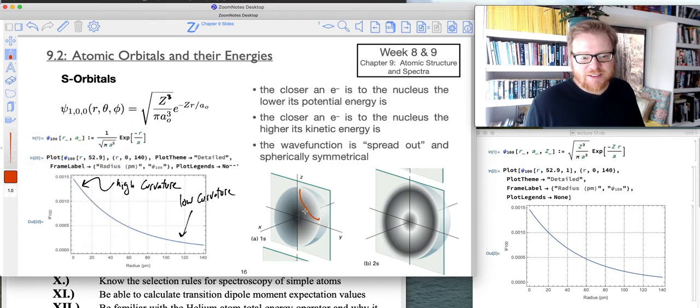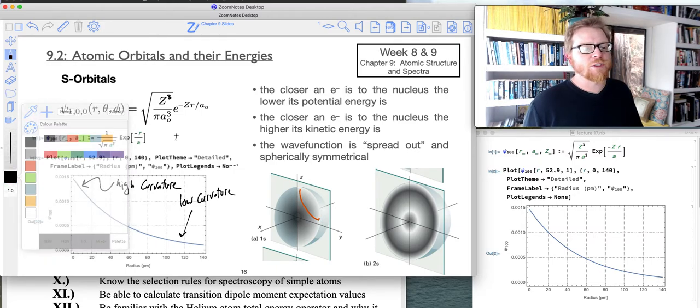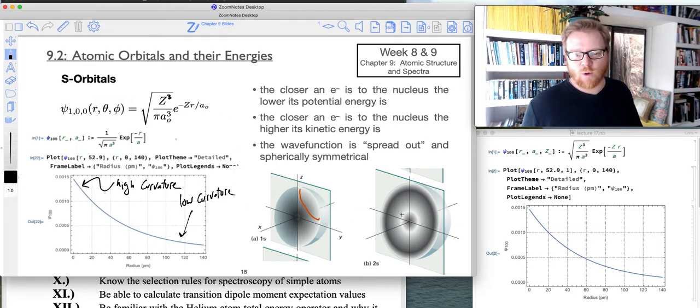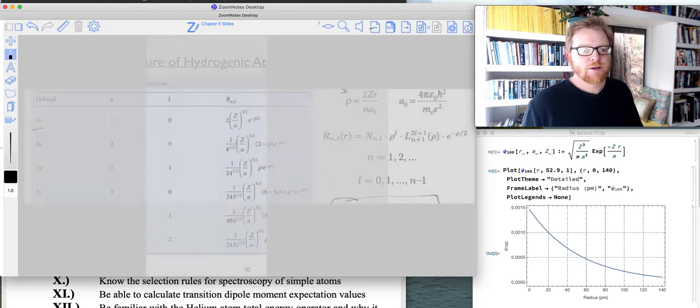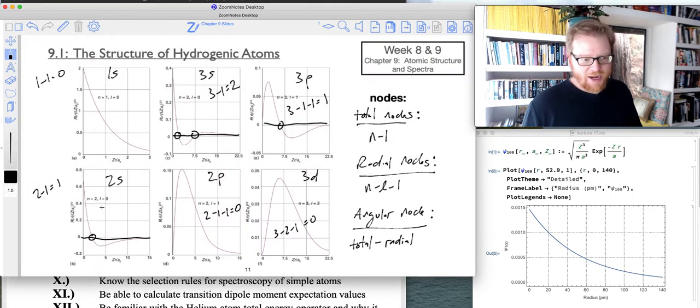You can see this dark color is much darker at the origin, which indicates higher probability at the origin. As we move further away, we have decaying probability, and that's spherically symmetrical. Now if we look at the 2s orbital, let's back up really quick and look at the radial graph. I've got that right here.